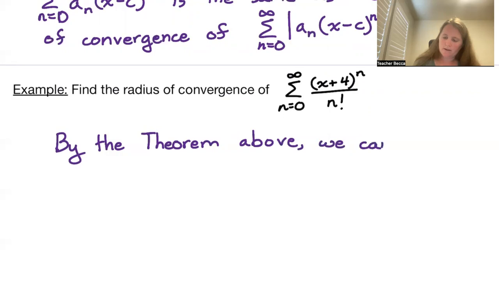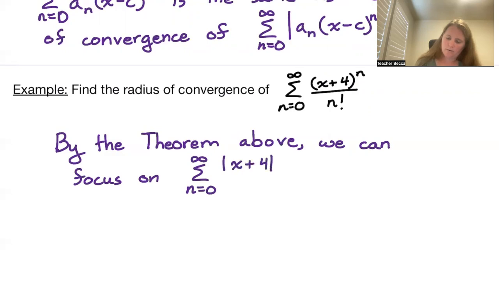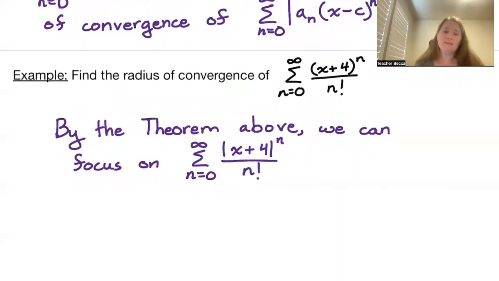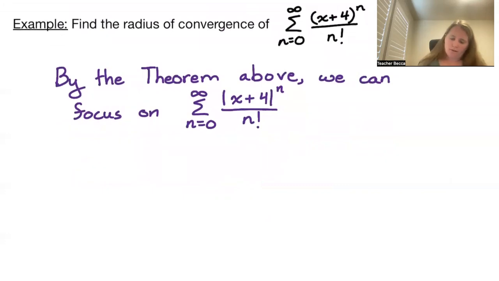So we can focus on the sum from n equals 0 to infinity of the absolute value of x plus 4 raised to the n over n factorial. Having that nth power up top and the factorial down below lends itself very well to the ratio test. So from here, we can use the ratio test to check for convergence.